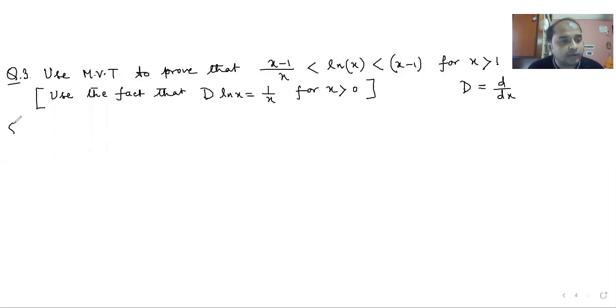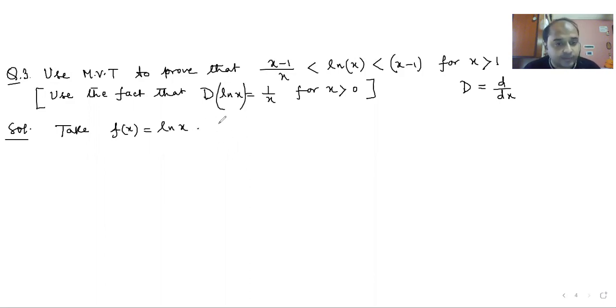Now to solve this particular problem, let us proceed in the following way. Take your f(x) to be ln x. It is quite obvious, and they have also mentioned that you have to consider the function to be ln x.